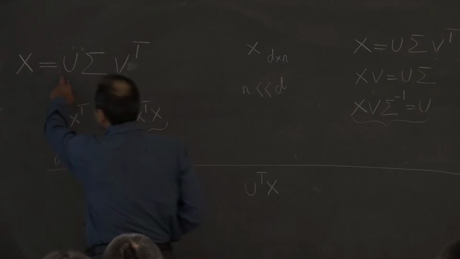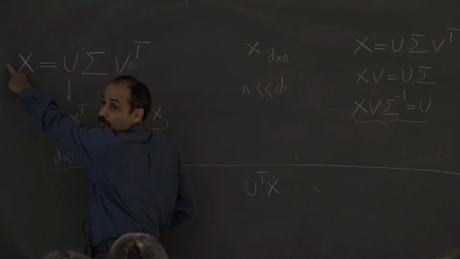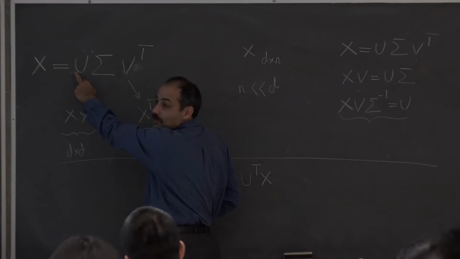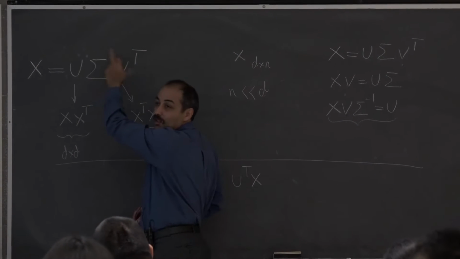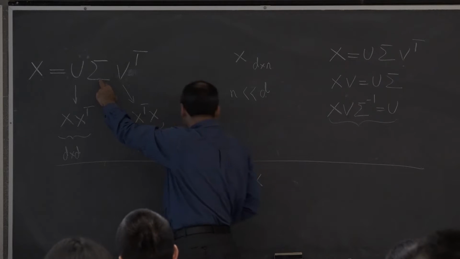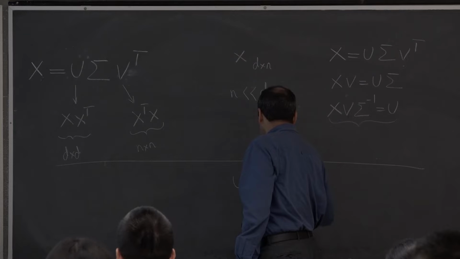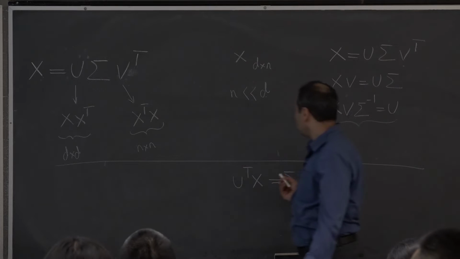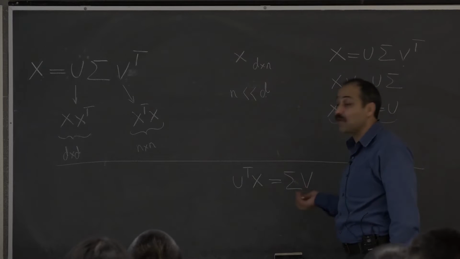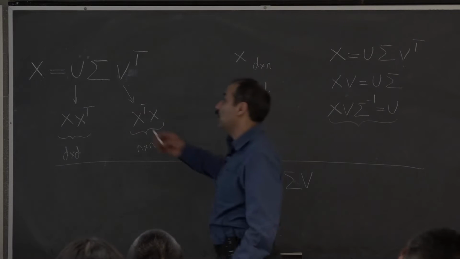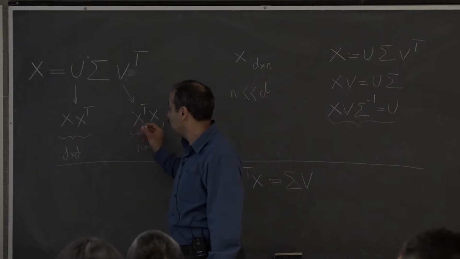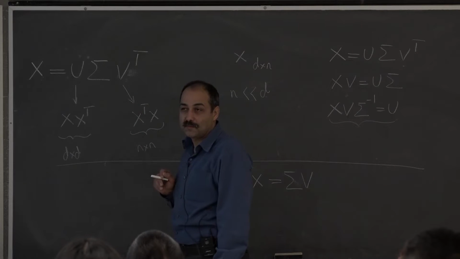But look at this U transpose X. If I multiply U transpose here and U transpose here, what is the right side going to be? It's going to be sigma V. So U transpose X, which is my mapping in lower dimensional space, is just sigma V. So I don't need to know U. I can compute it by sigma and V, so I can compute it by decomposition of X transpose X.